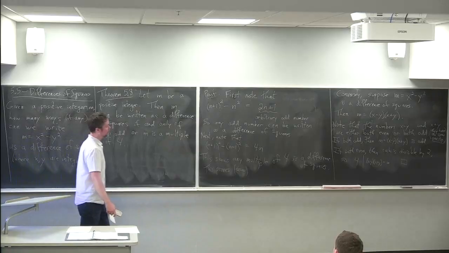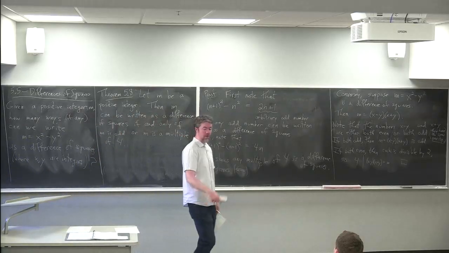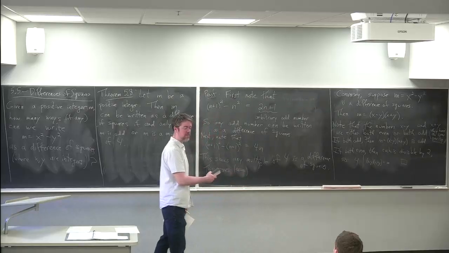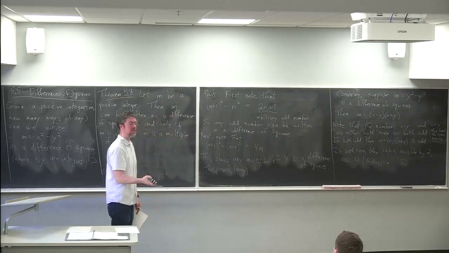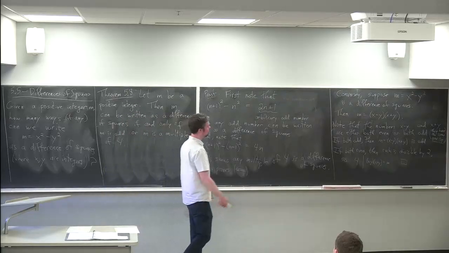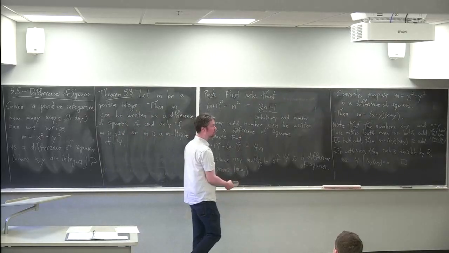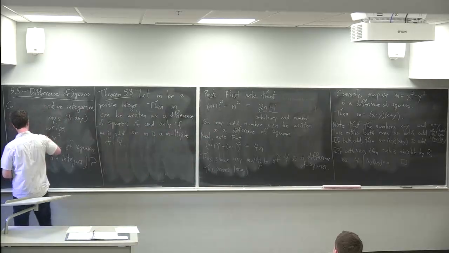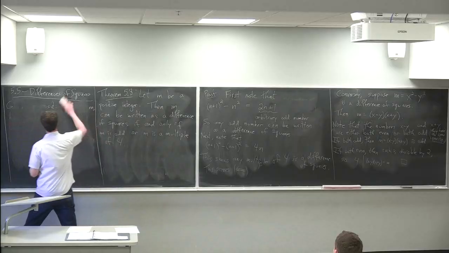Okay, and then we want to know if we could turn that argument around and say, conversely, if we can factor m as a product of two integers with the same parity, can we turn that into a difference of squares, basically? So let's put the ideas together.